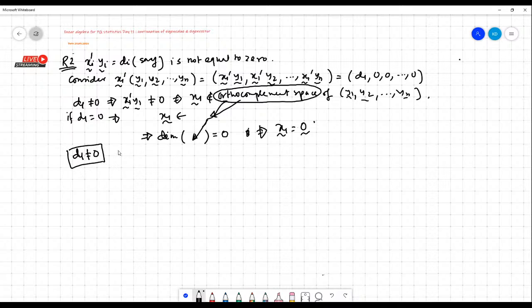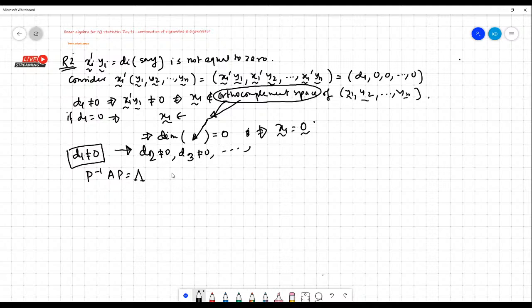Similarly, proceeding in this way, we can show that d2 is also non-zero, d3 non-zero, and so on. Hence, P inverse A P is equal to capital lambda.